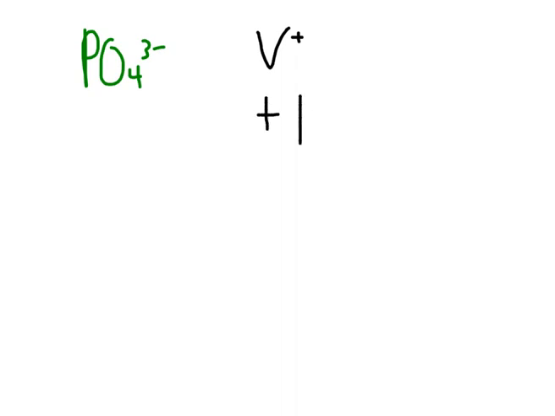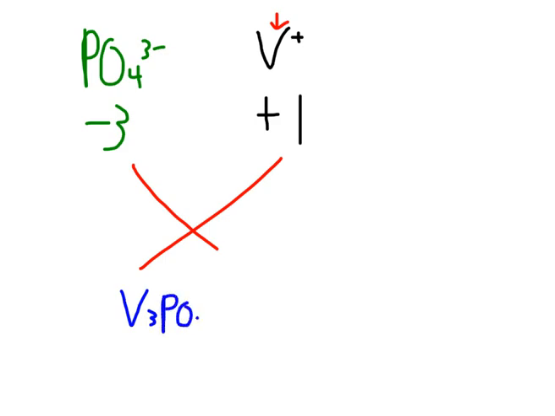Alright, so we've got our items ready here, and we'll do our usual. We'll reverse them, but I've got the cation second, so make sure it goes first. It'll just be V3PO4.